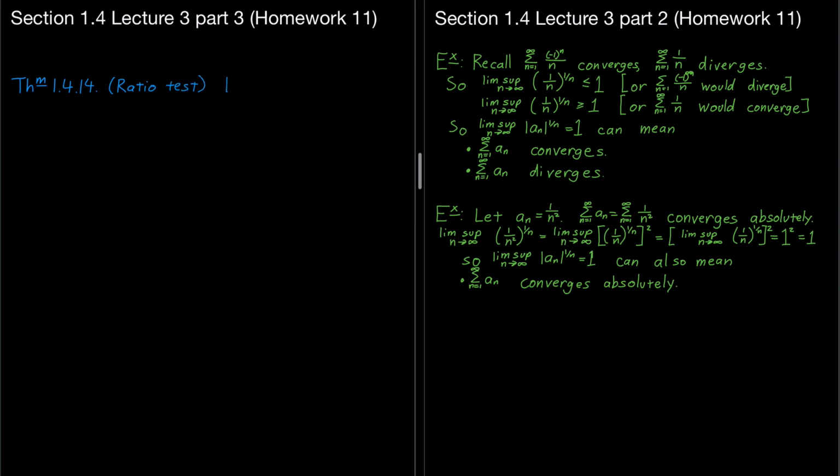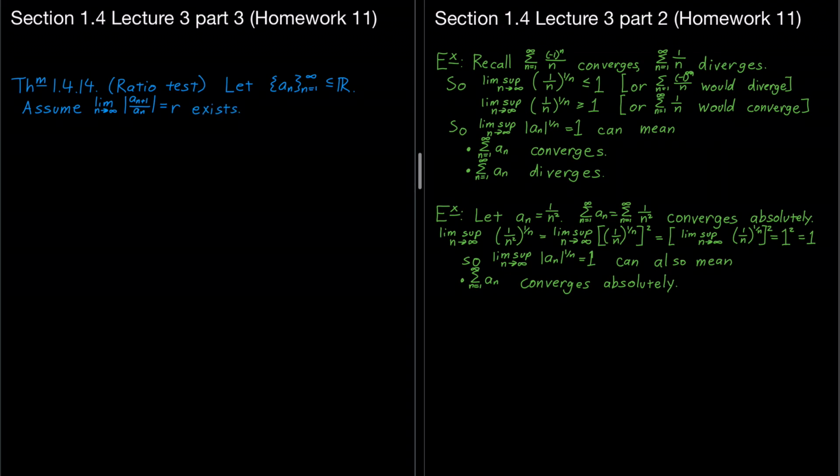Let the sum of a_n be a series of real numbers, and let's assume that this limit, the absolute value of a_(n+1) over a_n, equals some real number r, and it exists.